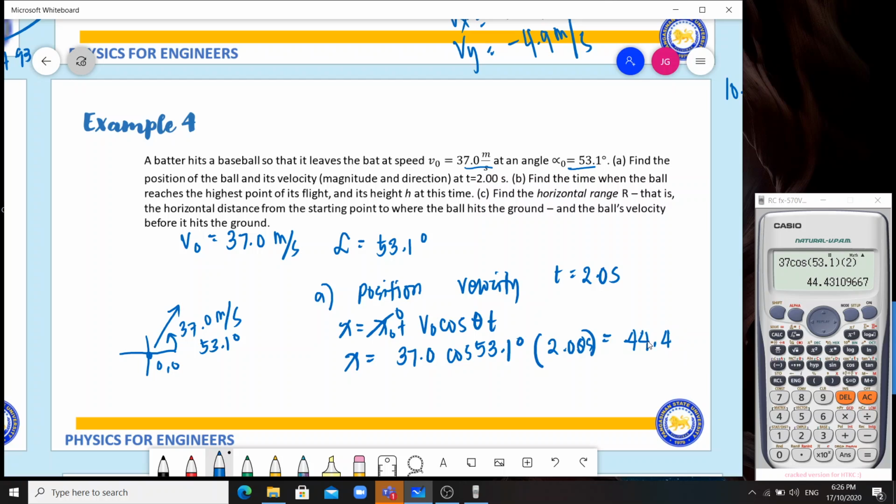So 44.4 meters. Now, let's solve the y. So y0 plus V0 sine theta t, minus 1 half g t squared.